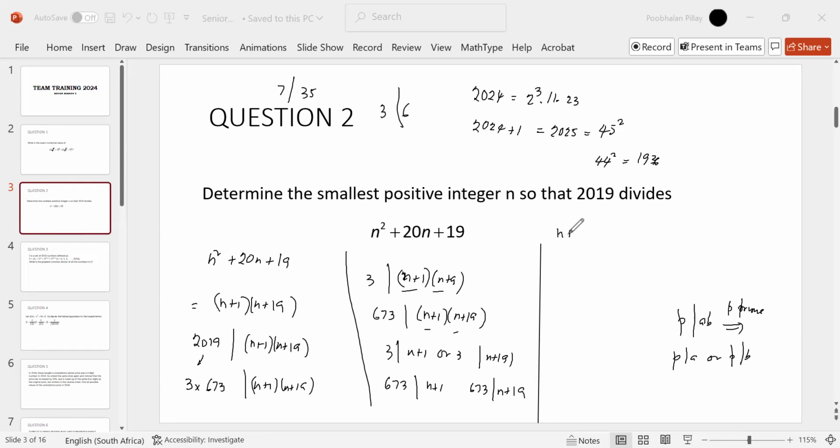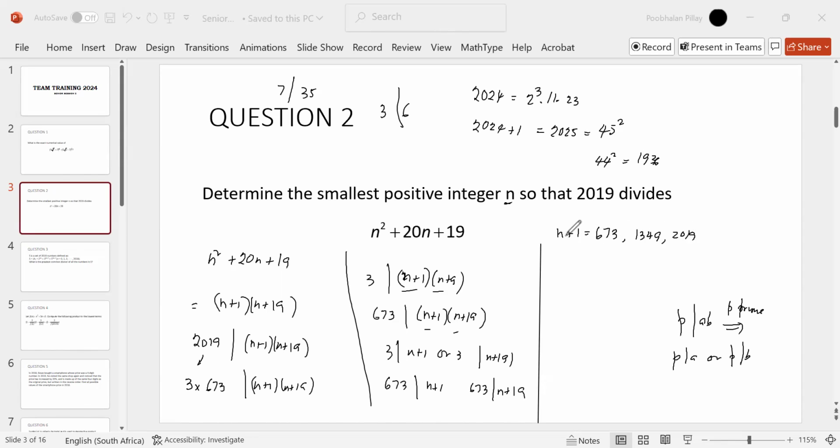So n plus 1 is equal to, if it's going to be a multiple of 673, it's going to be 673 or another multiple. The next multiple is 1346. And the next one is 2019. This is 673 times 3. But you want the smallest integer n.